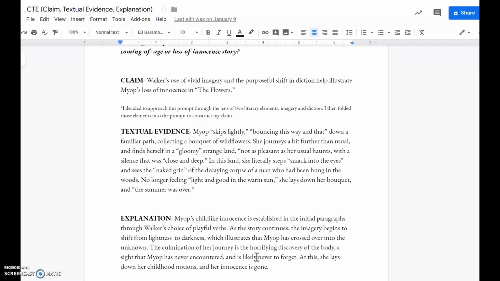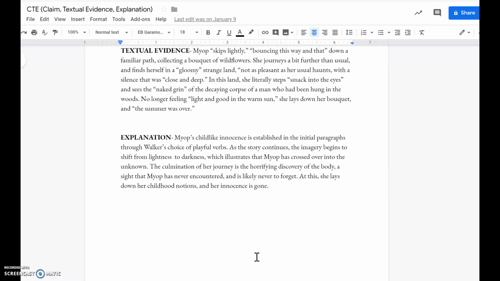I found my textual evidence, my blend of quoted material and paraphrase, and then I've explained that in a way that responds to my own prompt. She's childlike in the beginning. She shifts from lightness to darkness. The imagery shifts. The diction shifts. And then she finds that body and she lays down her flowers and her innocence is gone.